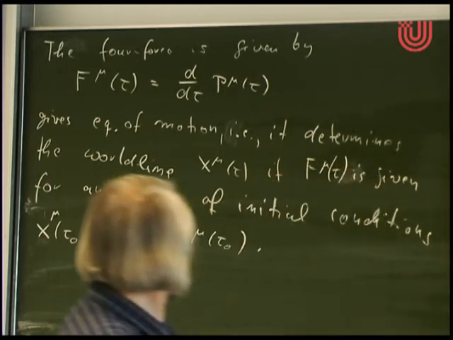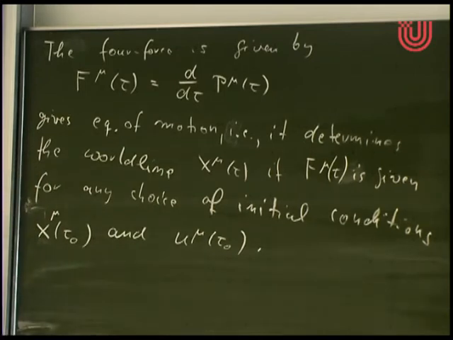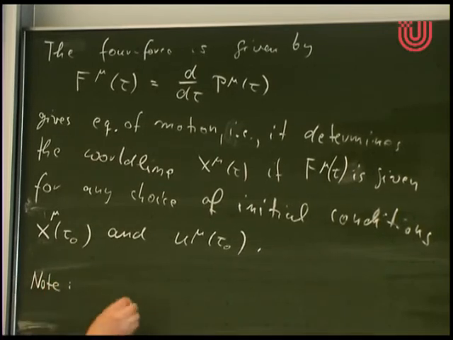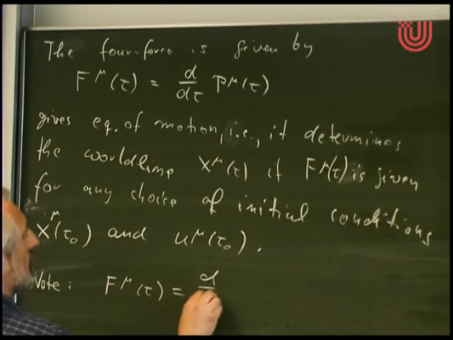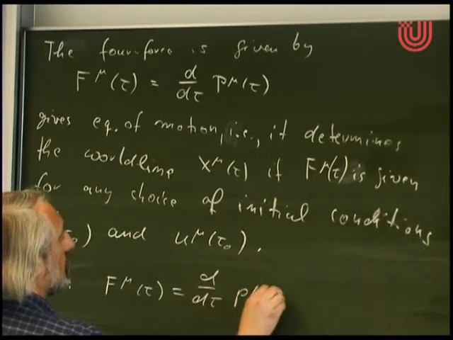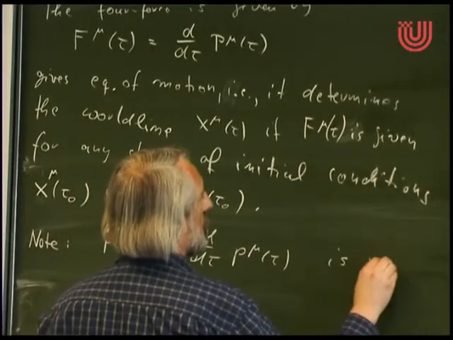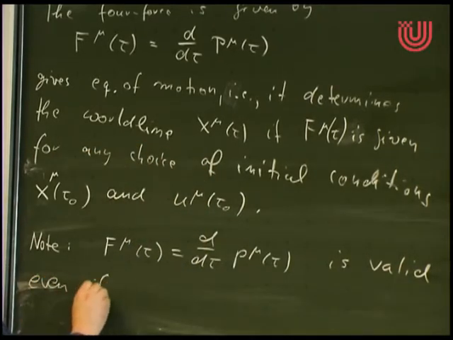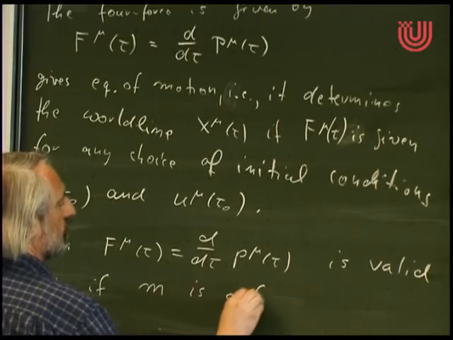Yeah, a warning: one should always write the equation in this form. The equation f mu of tau equals d by d tau of p mu of tau is valid even if m, the rest mass, is a function of tau.